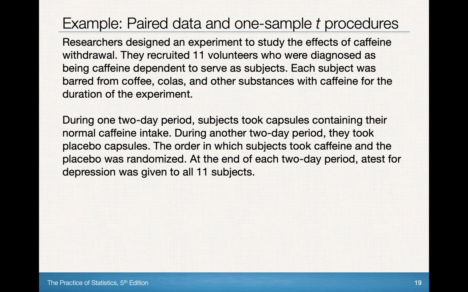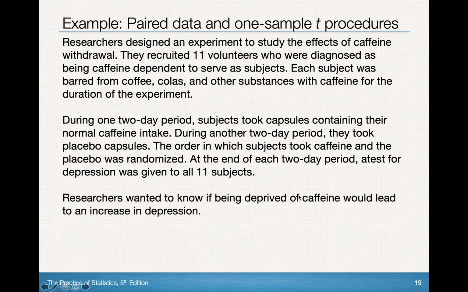During another 2-day period, they took a placebo capsule. The order in which the subjects took the caffeine and the placebo were randomized. So the order in which they were given the pills were randomized. At the end of each 2-day period, a test for depression was given to all 11 subjects. Researchers wanted to know if being deprived of caffeine would lead to an increase in depression.